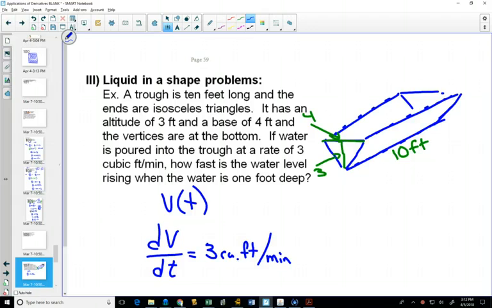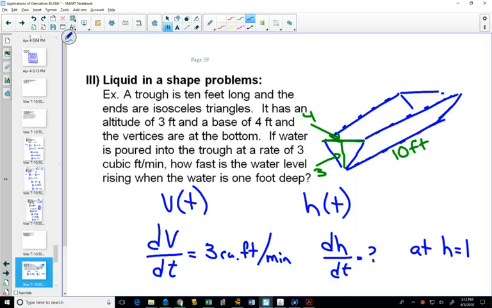How fast is the water rising? We want to find dH/dt. When do we want to find dH/dt? We want to find dH/dt at h equals 1. So that tells us that height is a function of time.